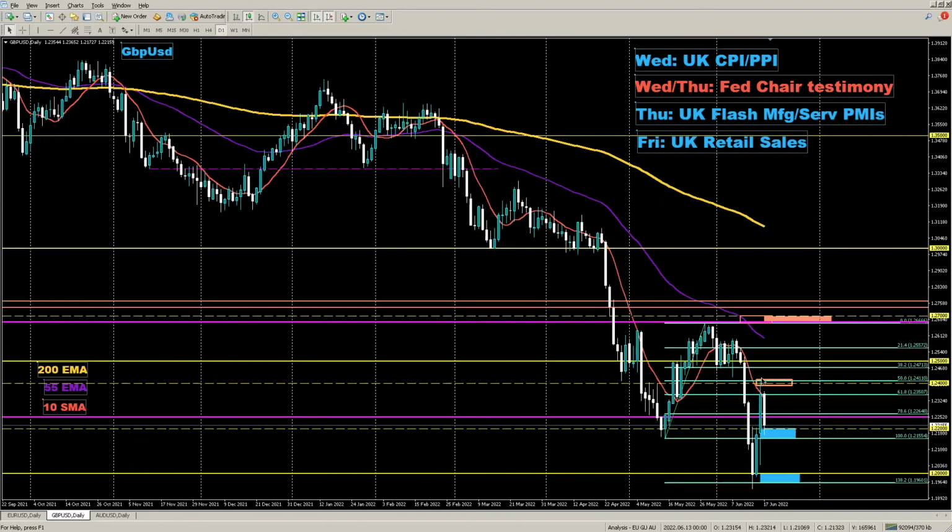Okay, so this is still the resistance zone, and this is still the support zone with the key support down here. Major resistance is still there.